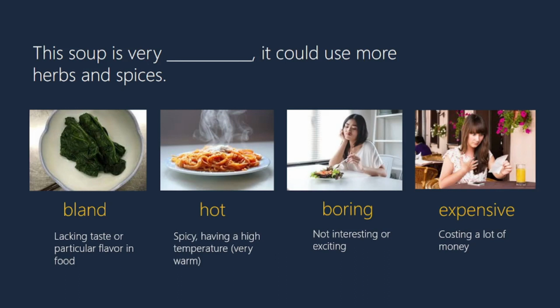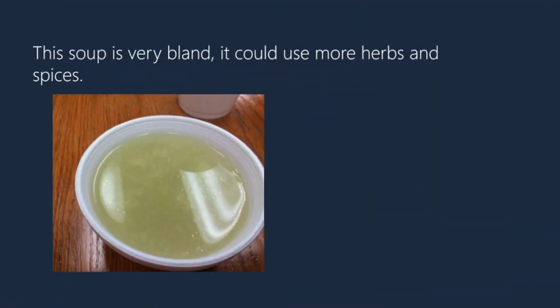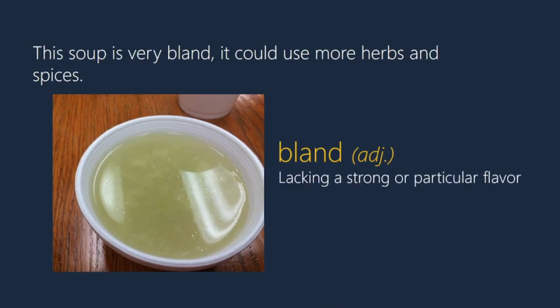When you use the word more, it means something is lacking. So when something is lacking, we need to add something. When the food is bland, it means we need some more herbs and spices in it to spice it up. So the right option here is bland. The quick definition for this word, bland, means lacking a strong or particular flavor.